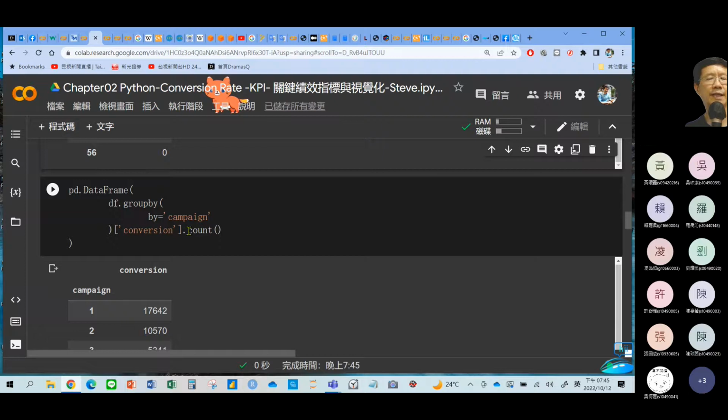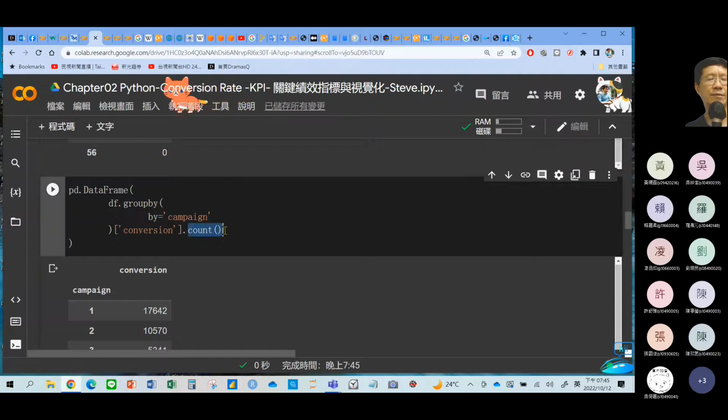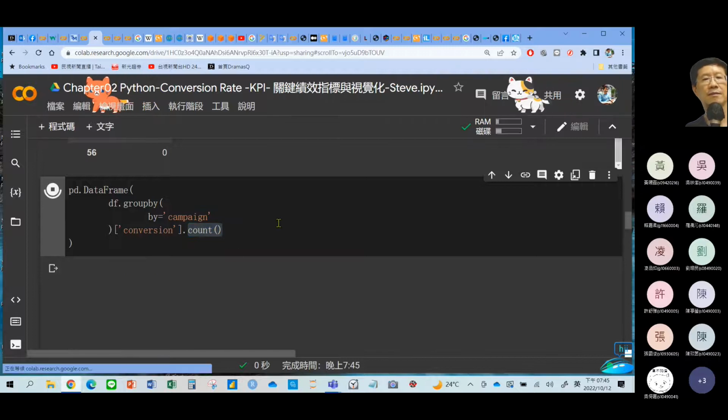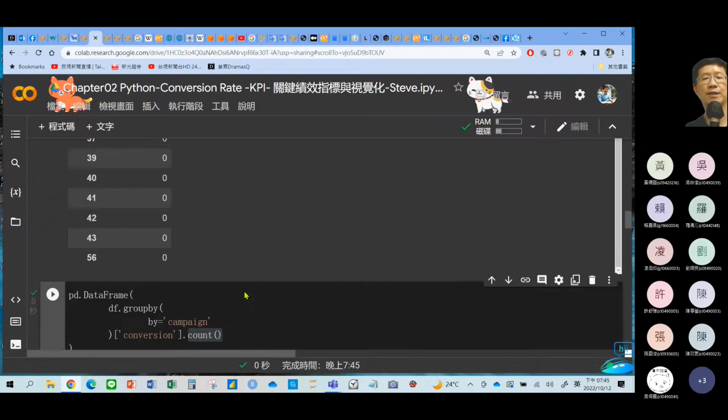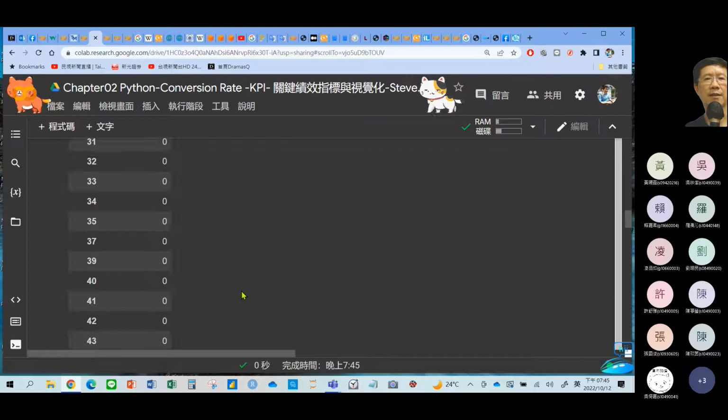Also, you can use the count, so how many records.